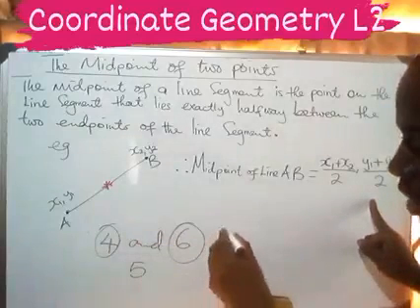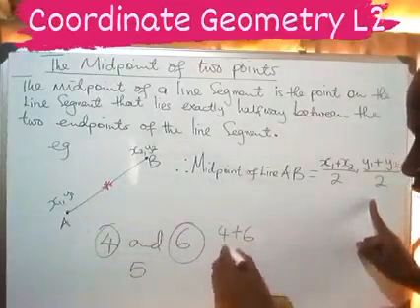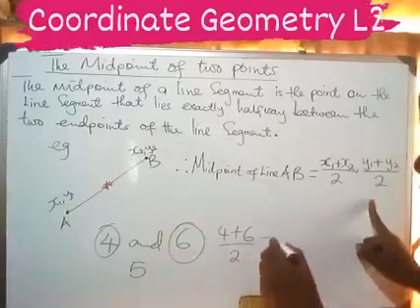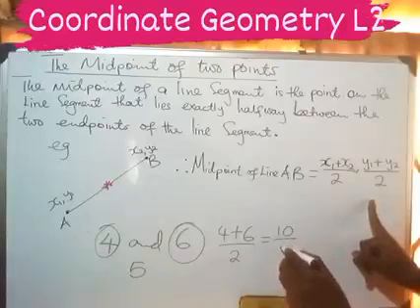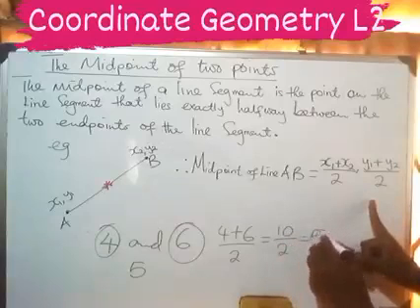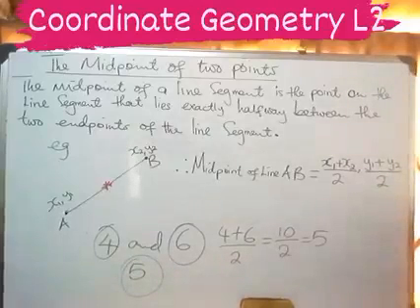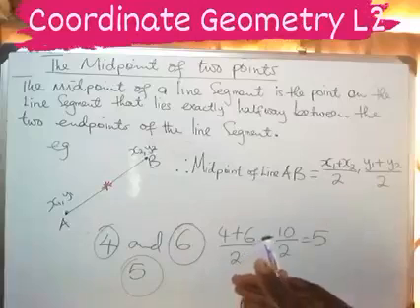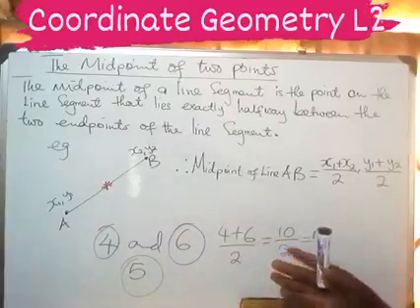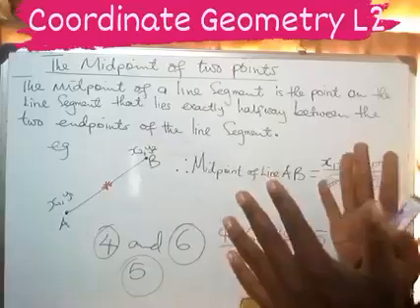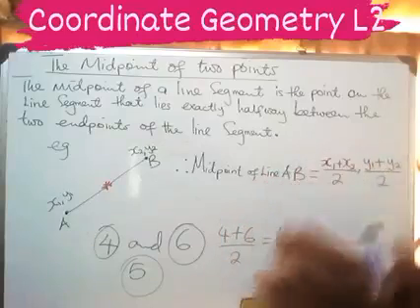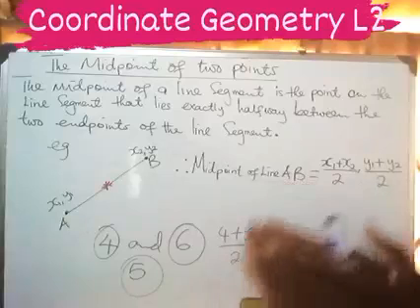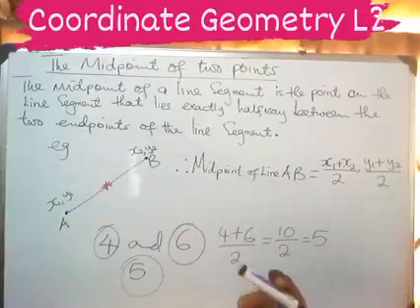So in this case, I will say 4 plus 6, then divided by 2. 4 plus 6, the answer is 10. 10 divided by 2, the answer will be 5. Hence, this 5 we got. So to find something which is at the middle, you have to add the two coordinates of the same kind, x1 plus x2, then divided by 2.